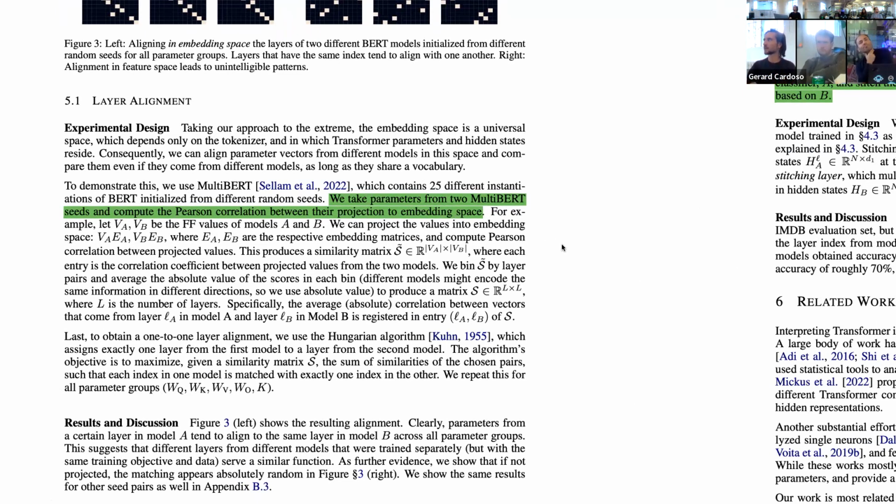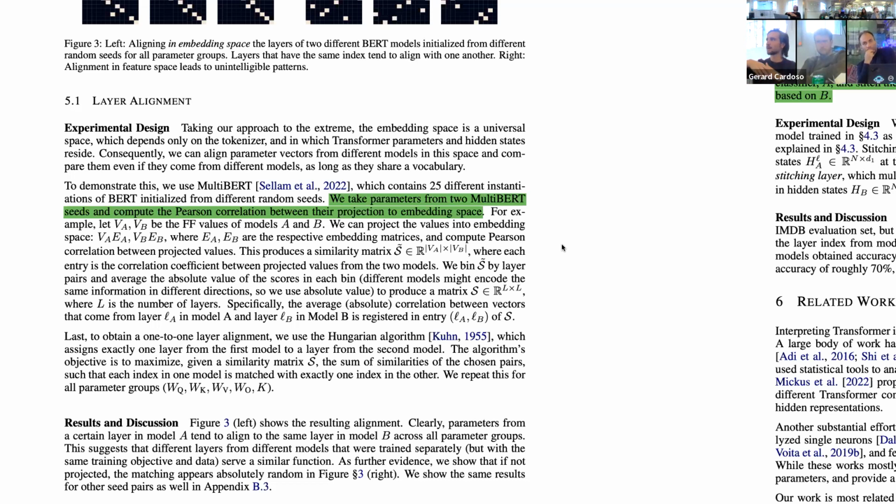What they do is they take two models and compute the correlation between the parameters projected into embedding space. So they create a similarity matrix for each layer.